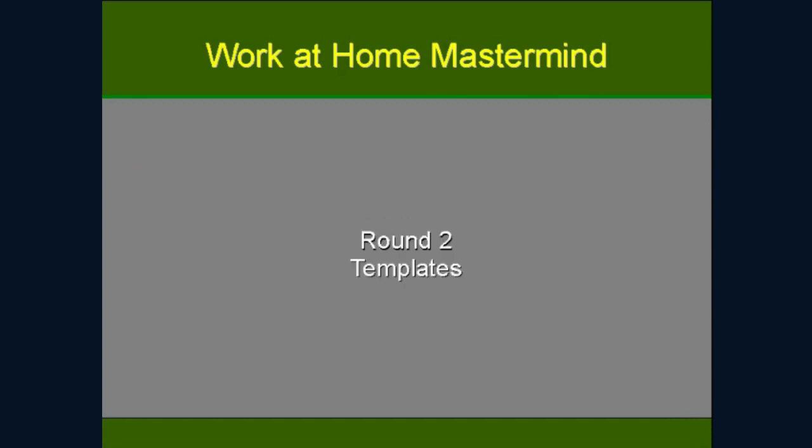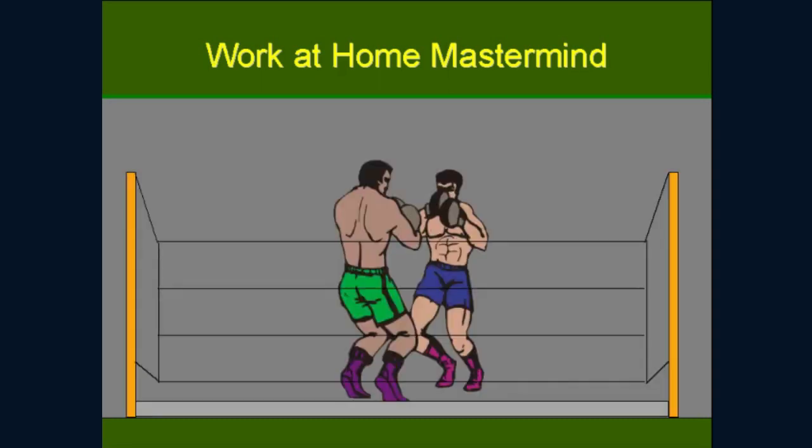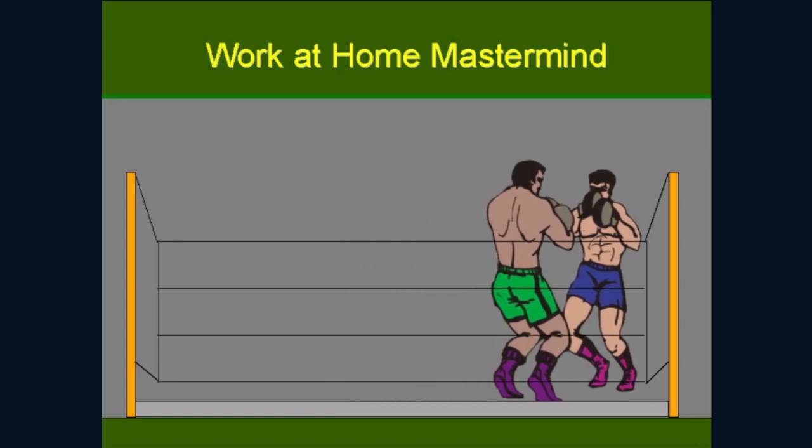And round 2 is templates. Every blogging program has basic templates to choose from when you're creating a blog. WordPress comes equipped with 2 themes when installing it onto your server. However, there is an abundant amount of free and fee-based themes available on the web.